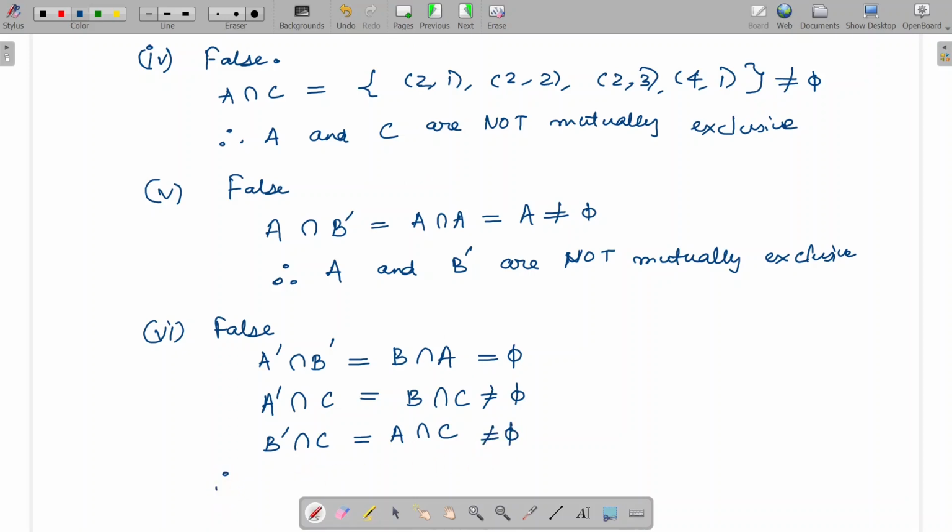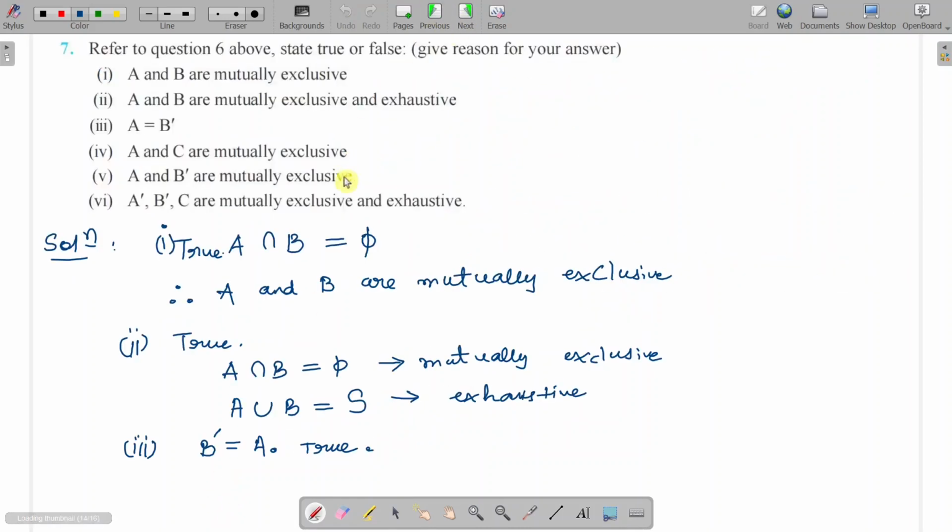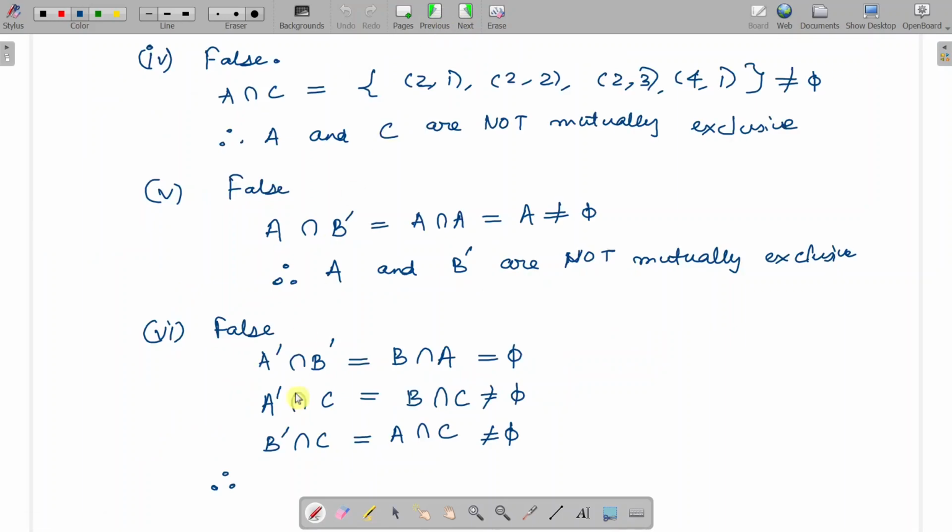So therefore, see, it should be both, right? Mutually exclusive and exhaustive. Now one condition is not satisfied, so this statement is false. So A complement, B complement and C are not mutually exclusive.